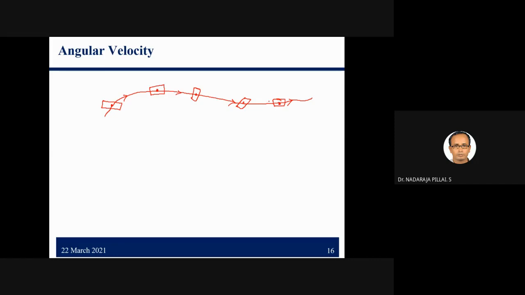The fluid element keeps on rotating. Again, we can also draw it the other way. Say this is the fluid element, and it may change its shape as it moves. So this can be considered rotational flow.